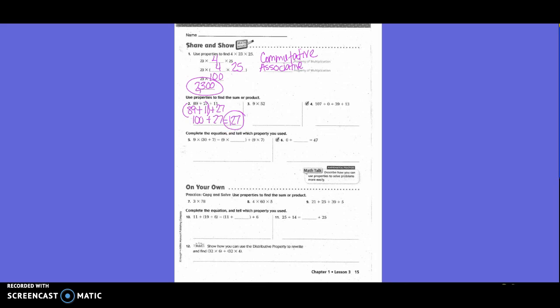Okay. Now we have 9 times 52. What could I use here? Commutative, associative, identity, or distributive? Distributive. Okay. So if I did that, I put 9 times parentheses. What am I going to break that 52 into? 50 plus 2. And then I have to distribute it out.